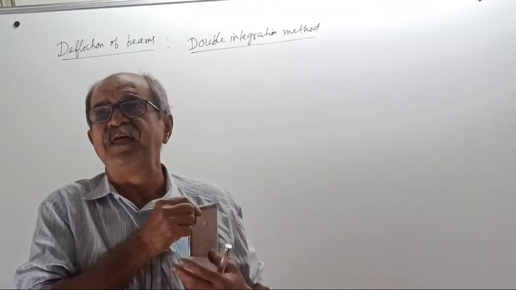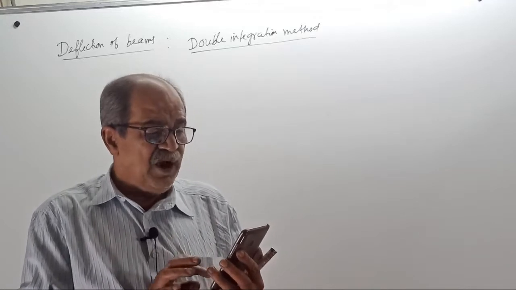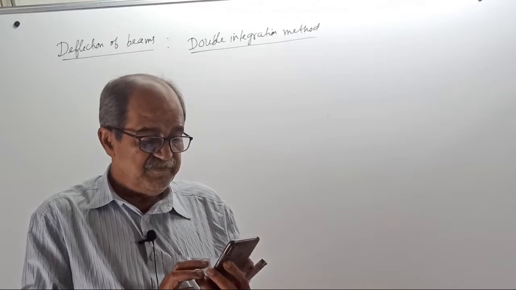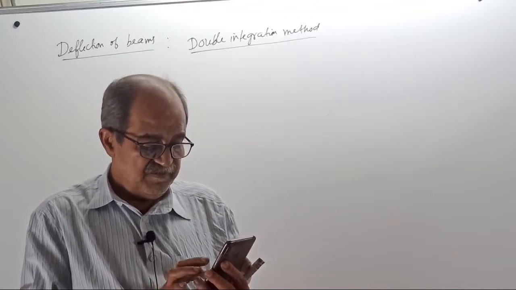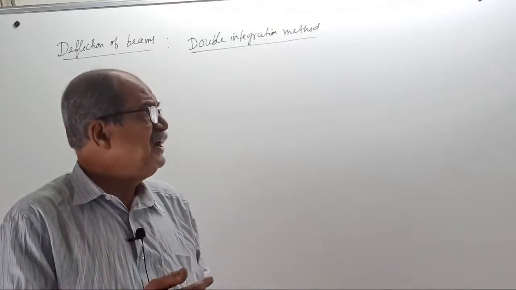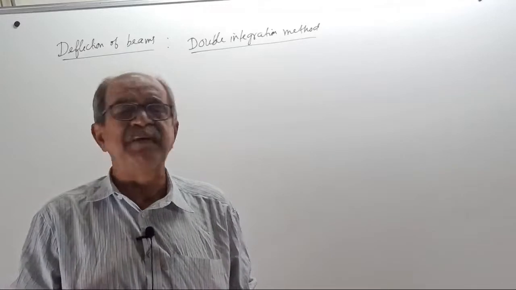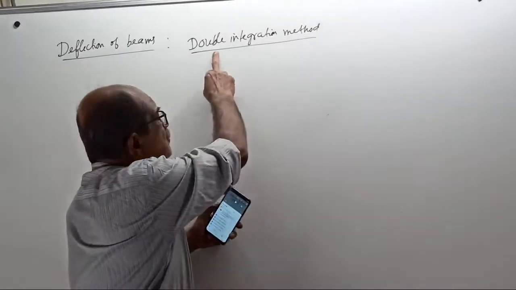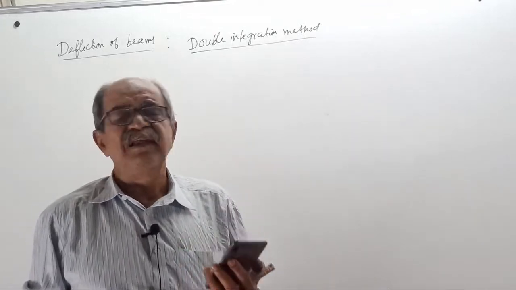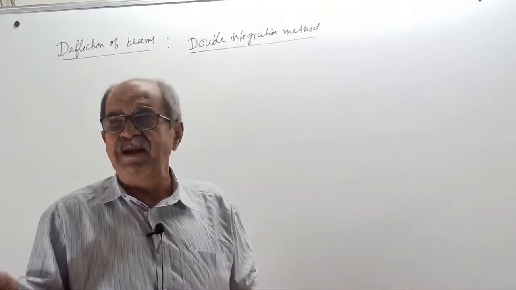Can anybody tell the name for that? Double integration method, slightly modified: Macaulay's method. Macaulay's method is nothing but the double integration method only. We will solve only one example later, just to understand how this method works.